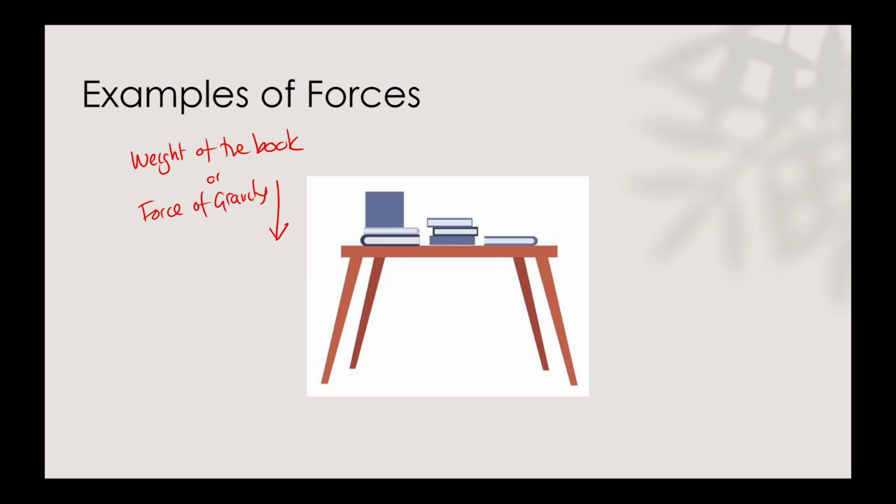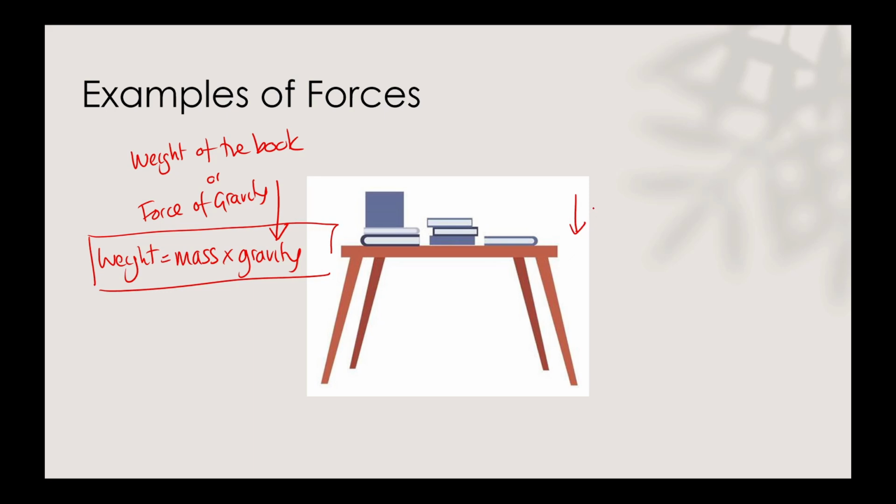Now, in terms of the weight of the book, weight is equal to mass times gravity, and that is a really important formula that's worth remembering. So the force that's going down, weight, is equal to mg.